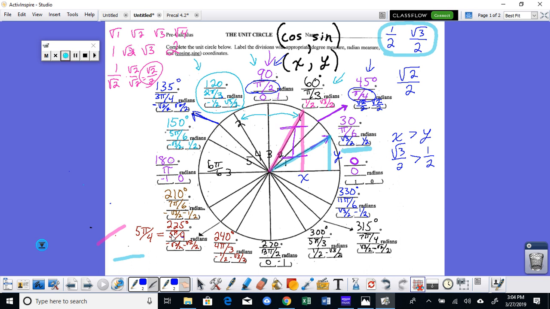Let's do a real quick trial run. Give me sine pi over 3. Y'all write this down, don't tell me.